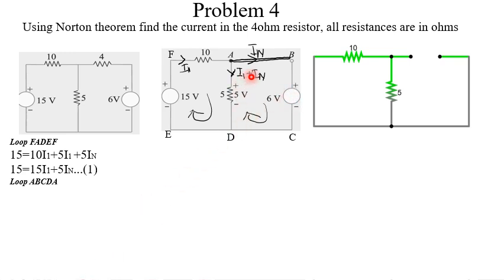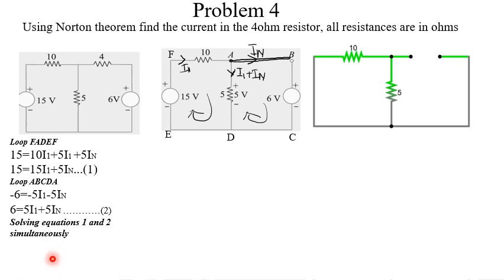So minus 6 volts is equal to, here also we are moving in the negative direction because we are moving against the flow, 5 times IN plus I1. We simplify it down to get 6 is equal to 5I1 plus 5IN.